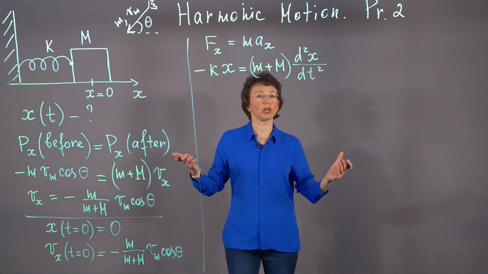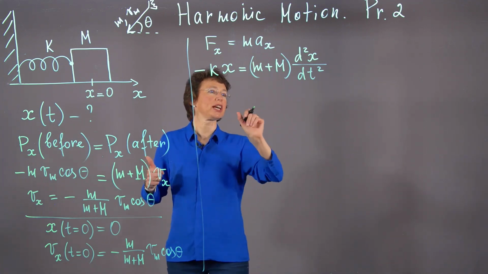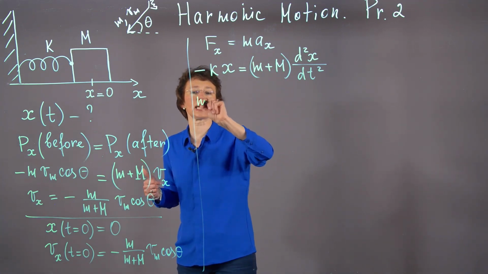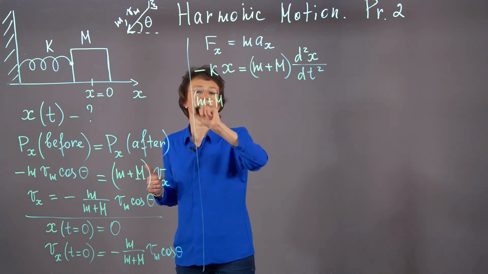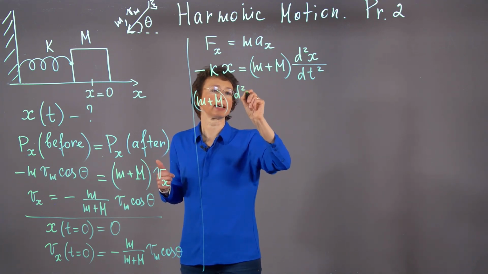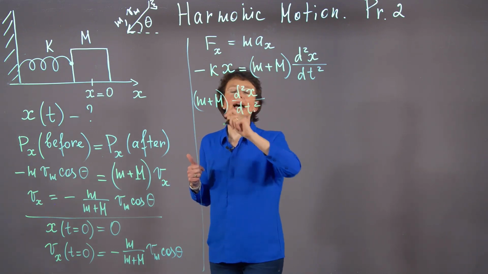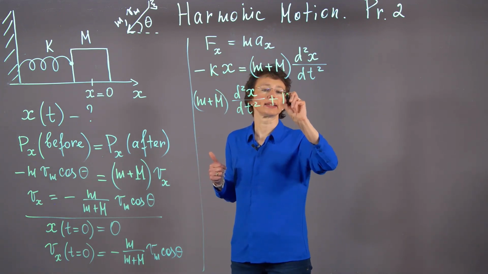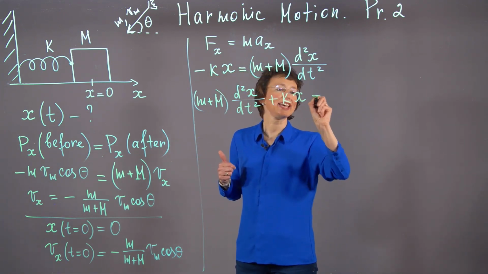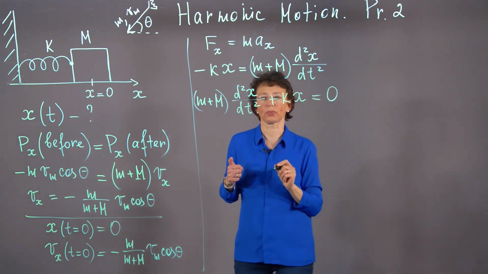I'm ready to write the equation of the harmonic oscillator. Look at this. It is (m plus M) d2x by dt squared plus kx, and this is equal to 0.